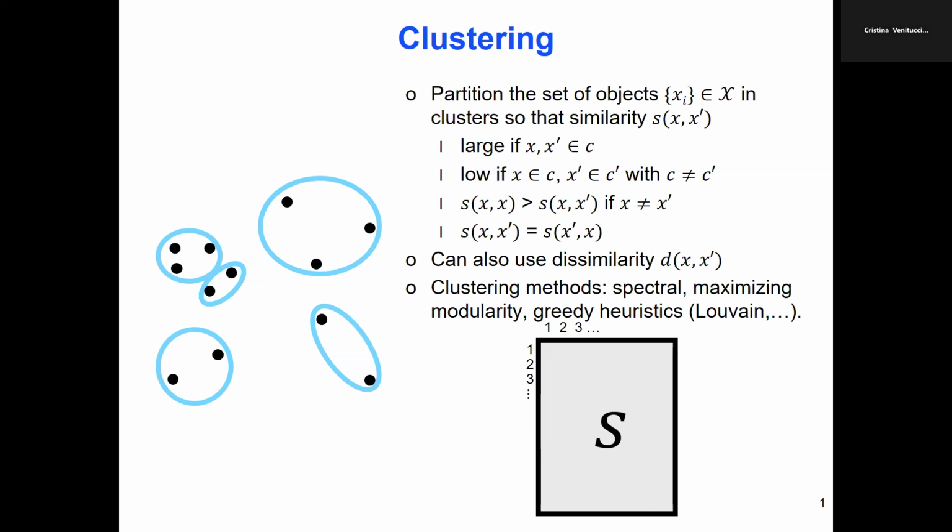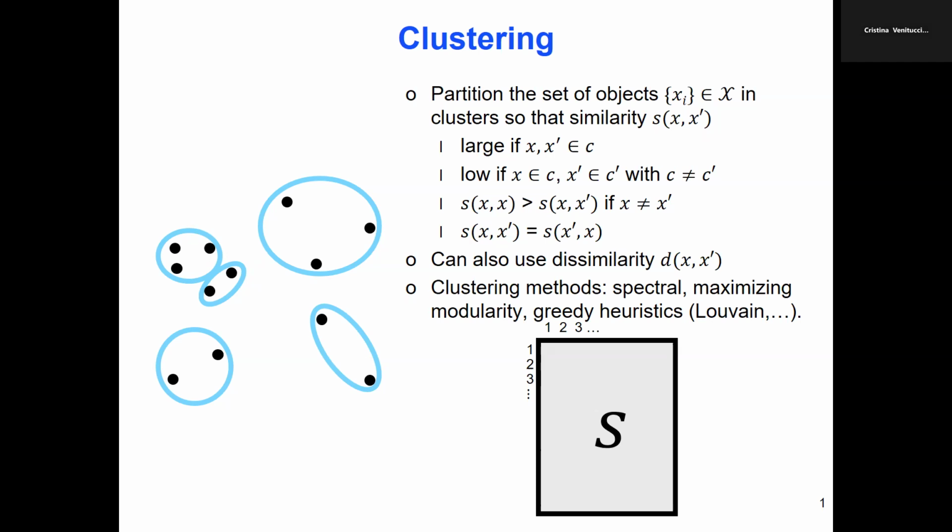And this similarity function, which I'm going to use, is supposed to be known. Essentially it has two of the three axioms of distance. The similarity of an item with itself is strictly larger than with any other item, and of course it's a symmetric relation. You can also use the opposite, which would be a dissimilarity between X and X prime.